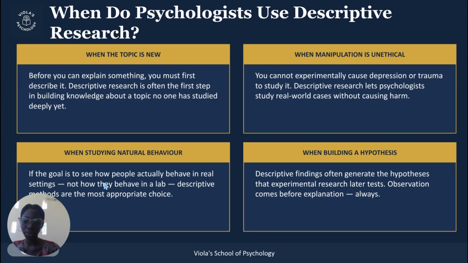Also, you can use descriptive research when you are studying natural behavior. So, you see, when you decide to bring participants into a lab to study a particular behavior or a particular thing you are trying to study as a researcher, when the participants are in the lab, they might not act in a way they'd naturally act if they were in a natural situation.